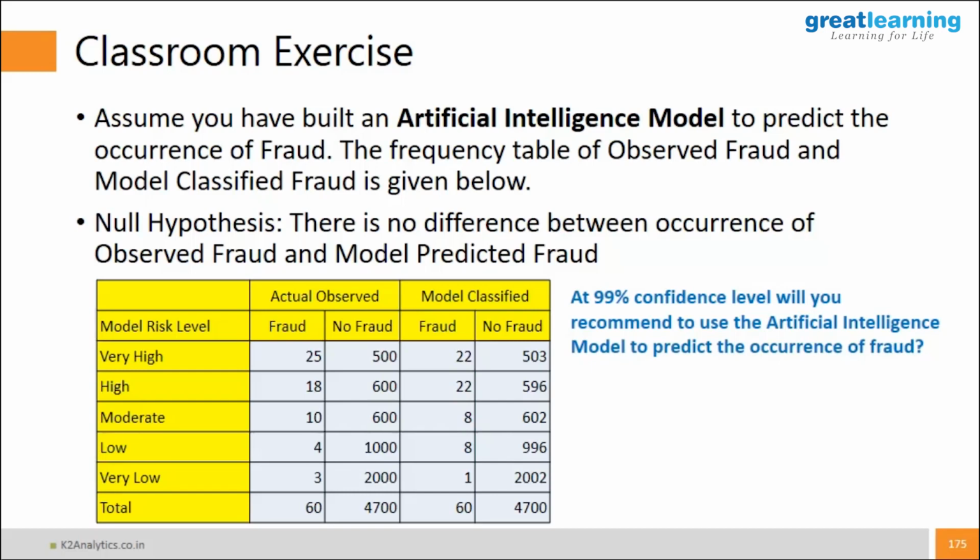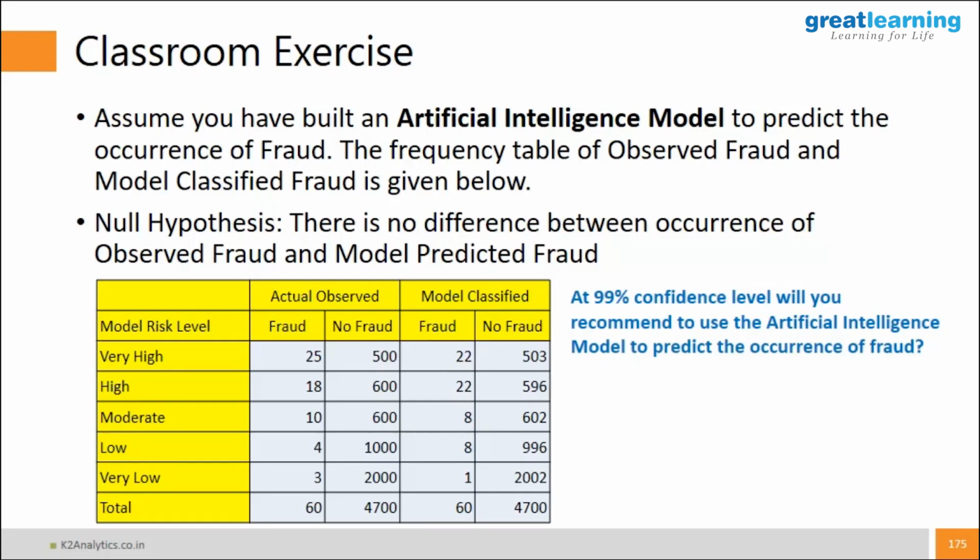This is the actual observations where you have taken the actual model output and the actual output, which is the given. Can you compute the expected outcome? Yes, we can compute the expected outcome also. So you will create an expected outcome table.